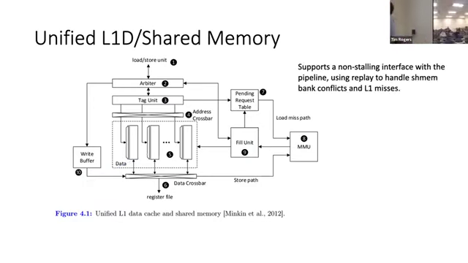This thing will support non-stalling interfaces, and we can do this with something called replay. So we don't necessarily want to stall if we have a bank conflict, for example. In the shared memory, I told you that if you have a 32-way bank conflict, it'll take you 32 cycles to clear the shared memory. Maybe you don't want this one thing to hog the entire shared memory and sit in the pipeline register for 32 cycles as it clears.